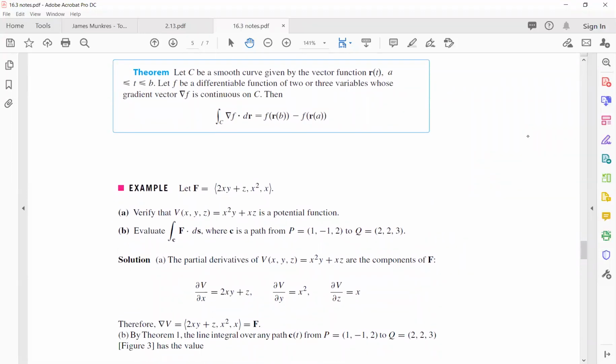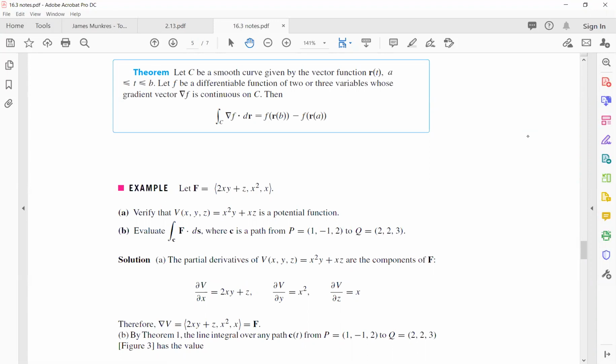Suppose you have a vector valued function, 2xy plus z, second component x squared, and last component is just x. First of all, we already verified that v of x, y, z, which is x squared y plus xz, is a potential function. We took the partial derivative of this potential function with respect to x, with respect to y, and with respect to z, and we showed that these partial derivatives are equal to the components of this vector valued function.